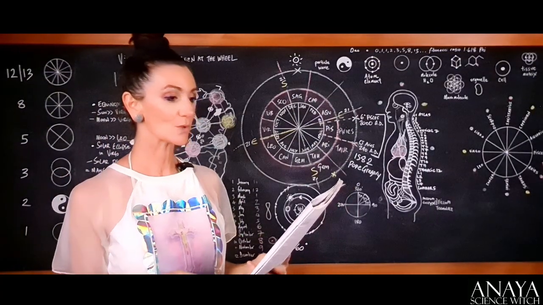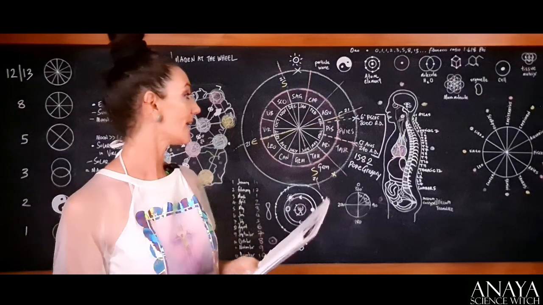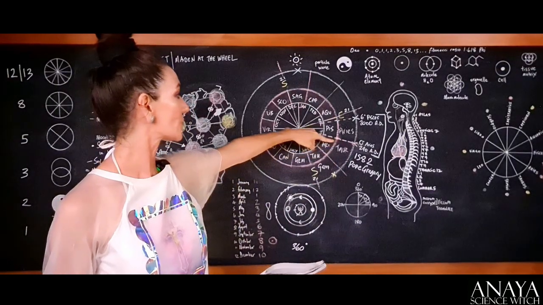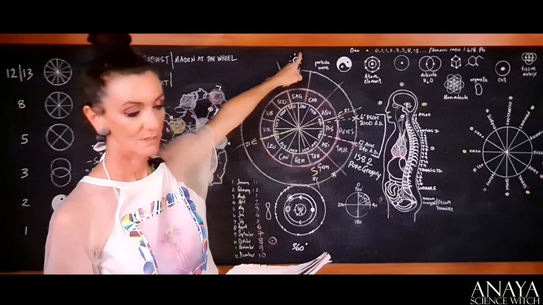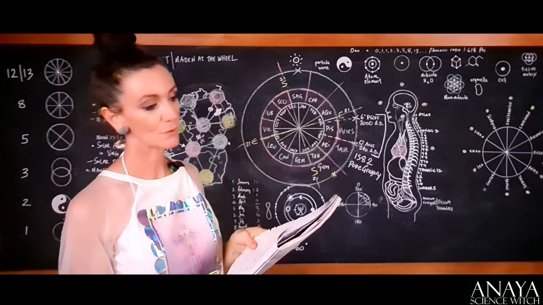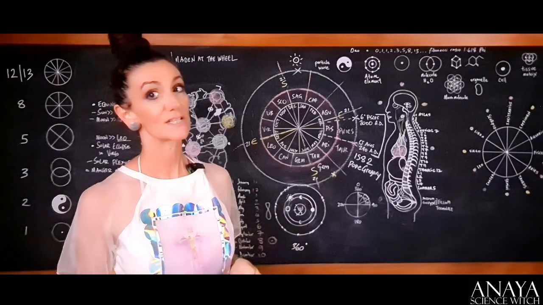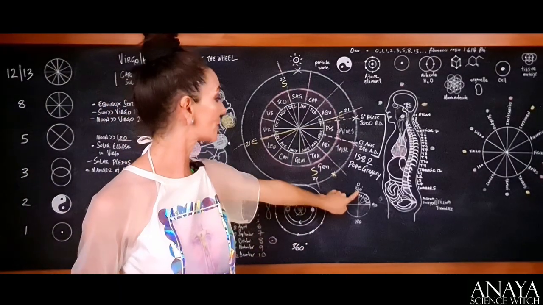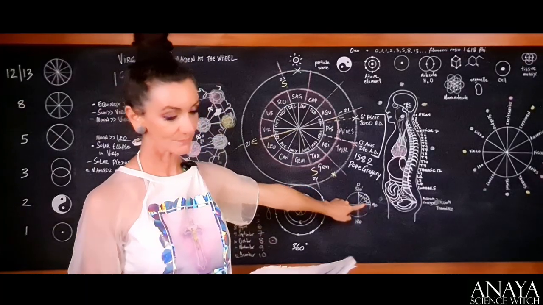So the spring equinox point is slowly moving backwards through the zodiac, which is going this way. It moves about 1 degree every 72 years. So remember the degrees on here, 0 degrees to 90 degrees.